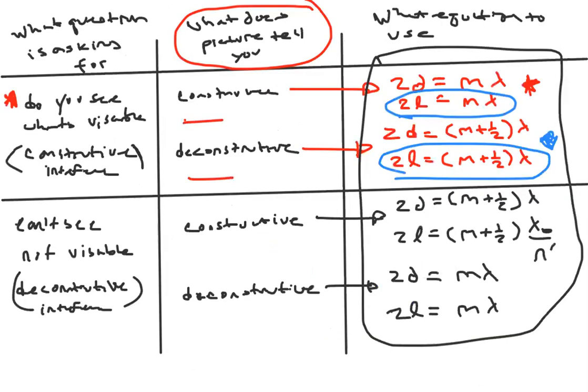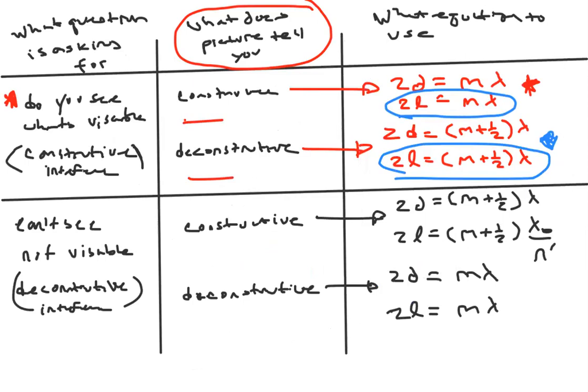And also remember, I'll give you this other hint, that this L, in these equations over here, since he's asking this question this way, the L is also T. So you could also write 2T is equal to M plus 1/2, or you could say 2T is equal to M lambda.